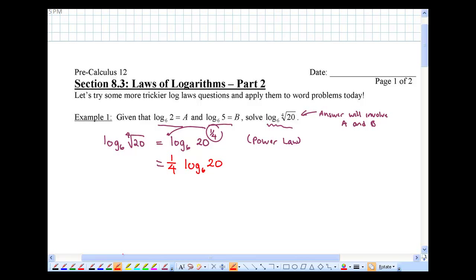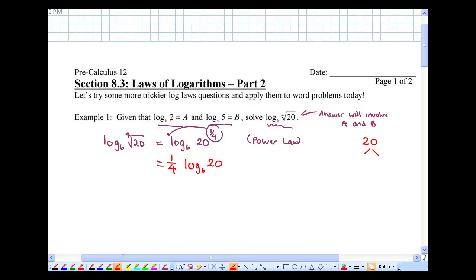Well, that's good, but 20 and 2 and 5 are two different things. So I'm asking you to try to rewrite this using 2 and 5. So thinking, how does the number 20 get created by using the numbers 2 and 5? You may be thinking, maybe it's time to prime factorize this number.